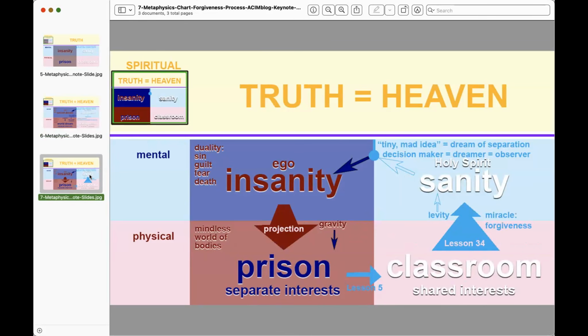Lesson 5 basically says I can take these separate interests and see that they're really shared interests, when all we really want to do, in order to find the egalitarian equality, is see that we're all fighting the same hard battle, and then it becomes a classroom where we can help each other rather than a prison where it's every person for themselves and scarcity and lack.